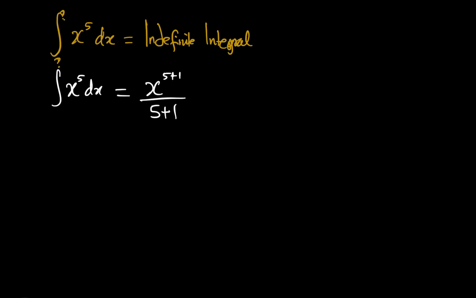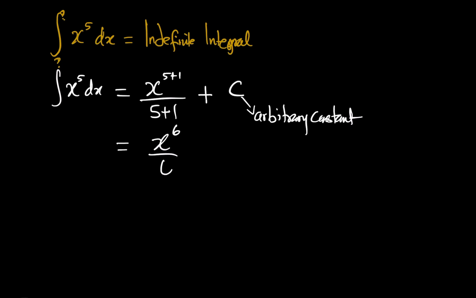So we do the division, and we don't forget, we introduce what is called the arbitrary constant, which is C. The reason why we introduce C is because we are dealing with an indefinite integral. If it's a definite integral, we do not need it. But in this case, we do. So our answer is x to the power 6 divided by 6 plus C. Therefore, you have 1 over 6 x to the power 6 plus C as our final answer.